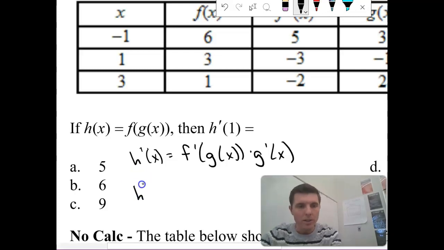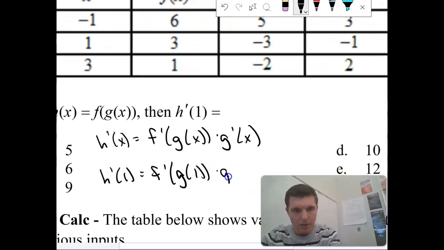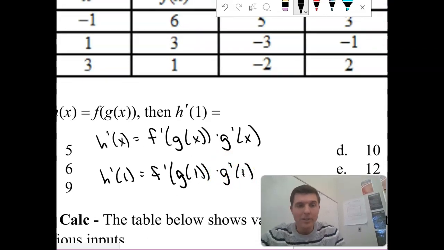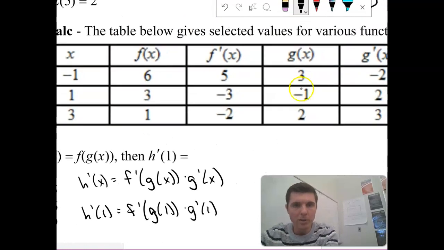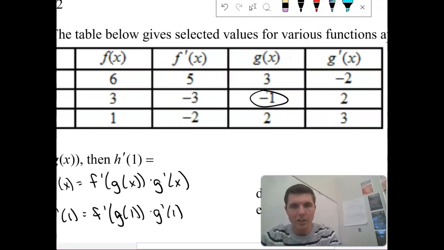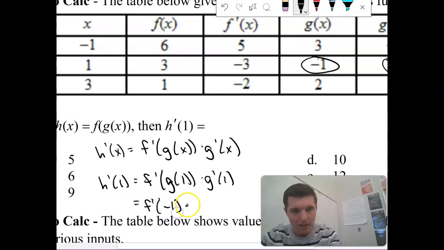And then plug in 1. So h prime of 1 equals f prime of g of 1 times g prime of 1. And now we plug in our inputs, right? So look back up at your table. What's g of 1? G of 1 is -1. And g prime of 1 is 2. So this is f prime of -1 times 2.